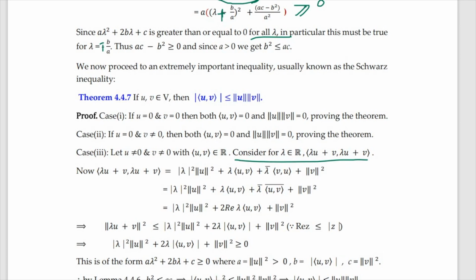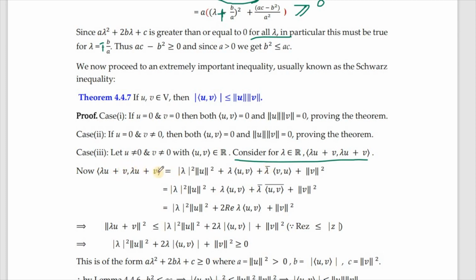You consider a real number lambda in R and the inner product of lambda U plus V with itself. When we expand this, this is what we get: lambda U with this one, so mod lambda square into inner product UU, which is norm U square, and then U with V, and then V with U, where in the second place the lambda has to come out with a conjugate.